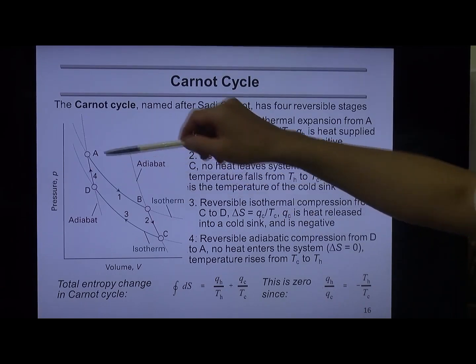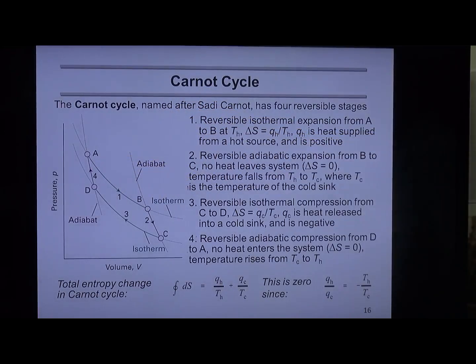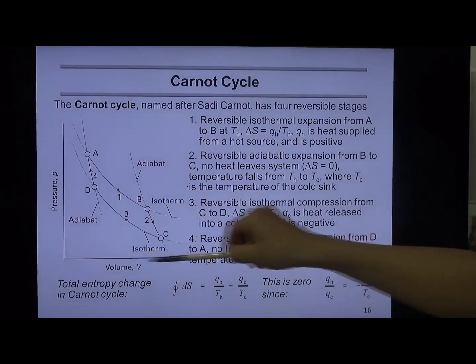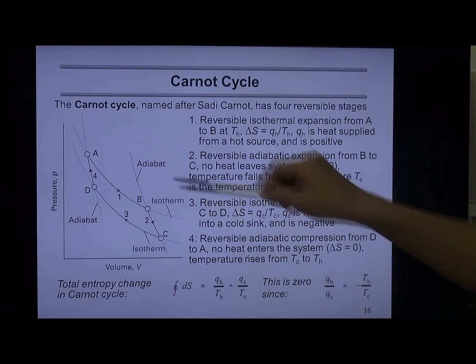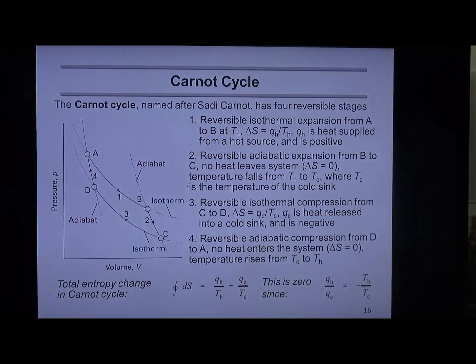So first, A to B, process number 1, is isothermal reversible expansion, right? It shows the PV diagram, pressure as a function of volume, right? So from A to B is expansion, and it is reversible and isothermal.